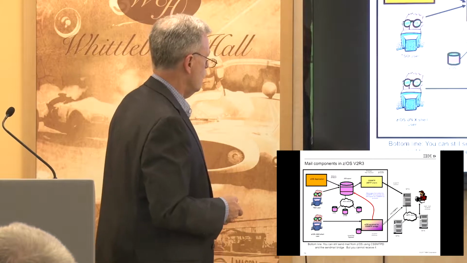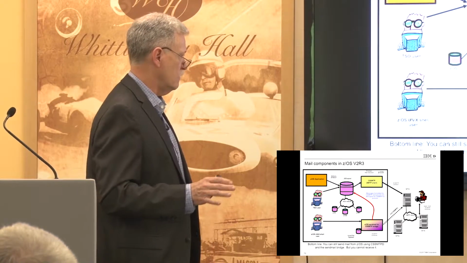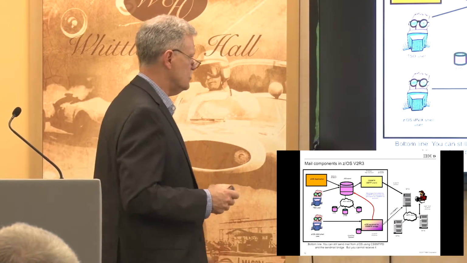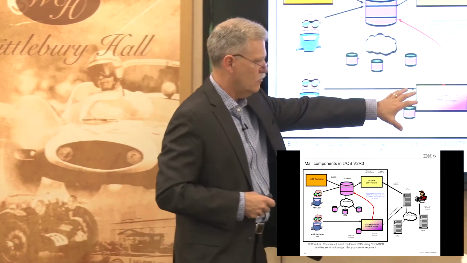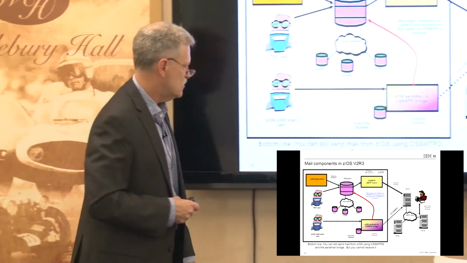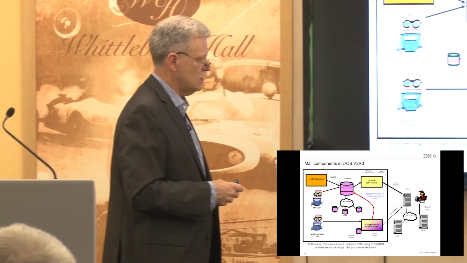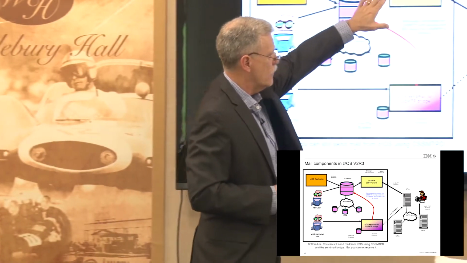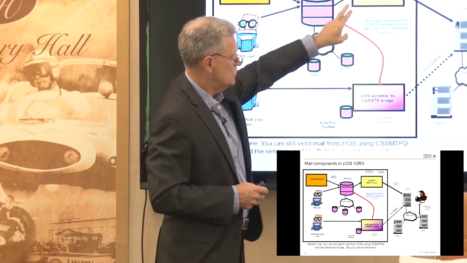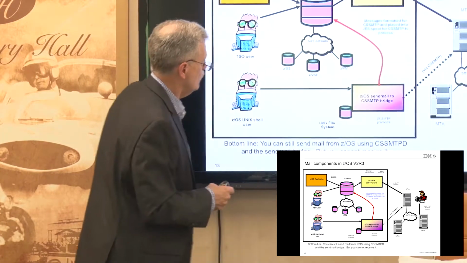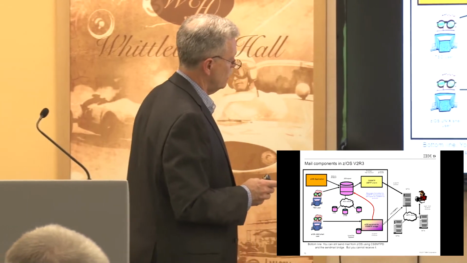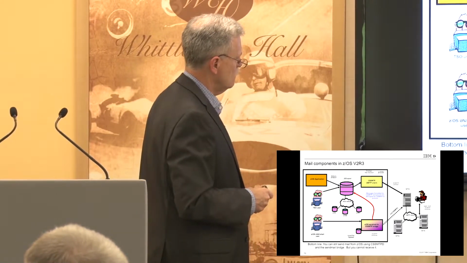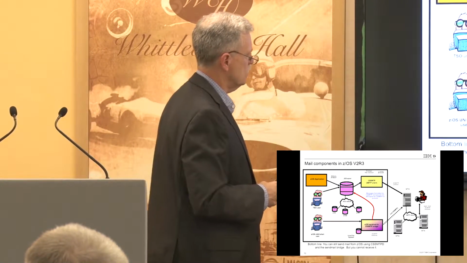Now moving on, the bottom line is you can still use Sendmail. We created a Sendmail bridge to access CSSMTP. So you can get to what we call the modern version of the mail program, which has been in z/OS since z/OS 2.13, or I'm sorry, 1.13. 1.11, I guess it was when it was introduced.